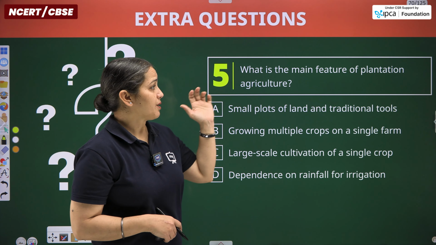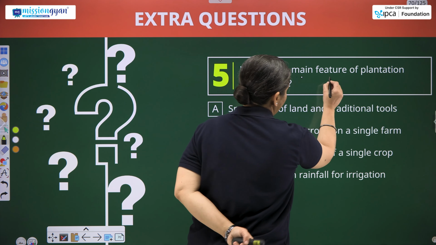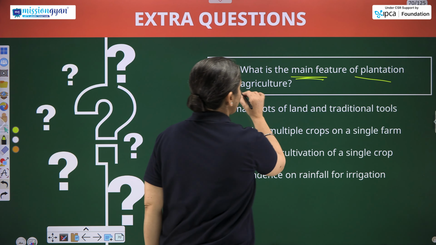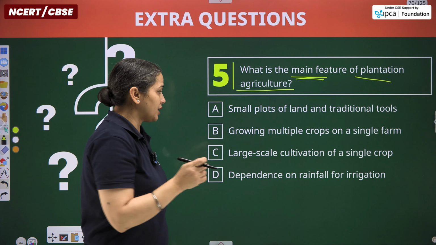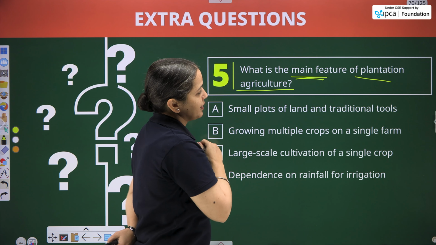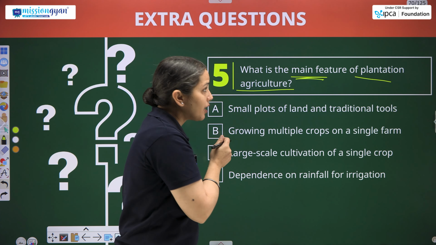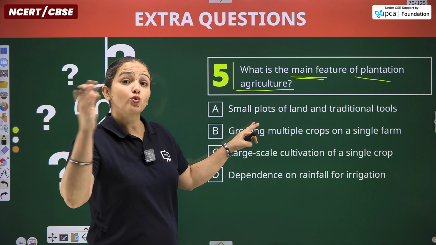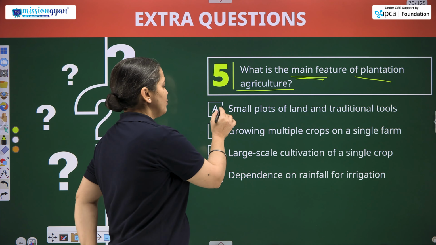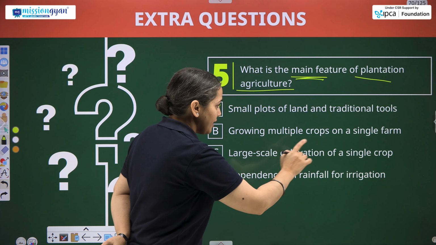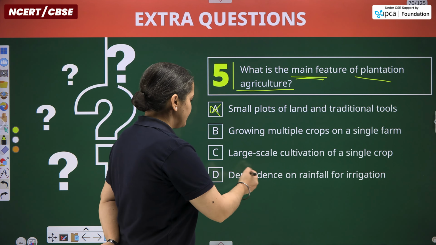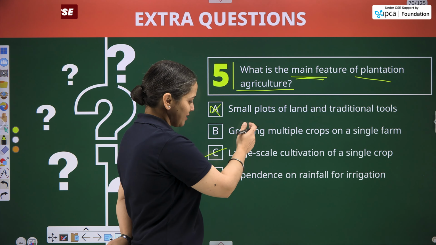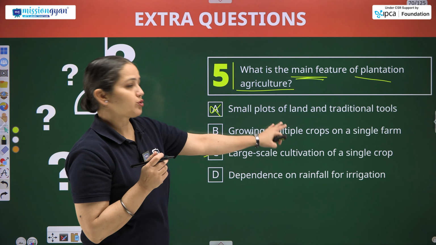Next question. What is the main feature of plantation agriculture? What is to be done in that? Small plots of land and traditional tools are used in the plantation? No. That is slash and burn, or so-called shifting cultivation. Large scale cultivation of a single crop? Yes. But let me discuss these two also.